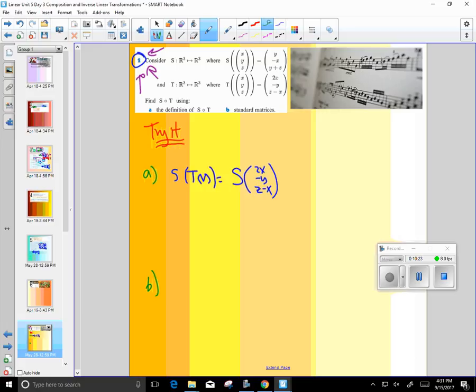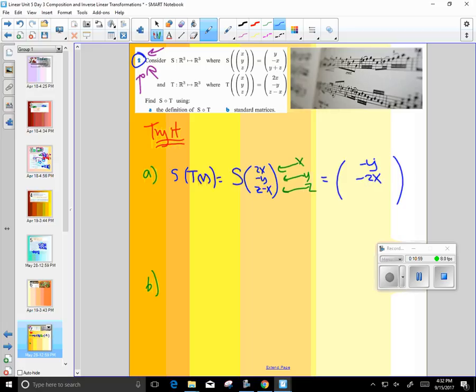This is kind of thought of as my x, my y, and my z when I put it in the context of S. S is the y, I guess we just say it's negative y, and then minus x, which, the x part was 2x.